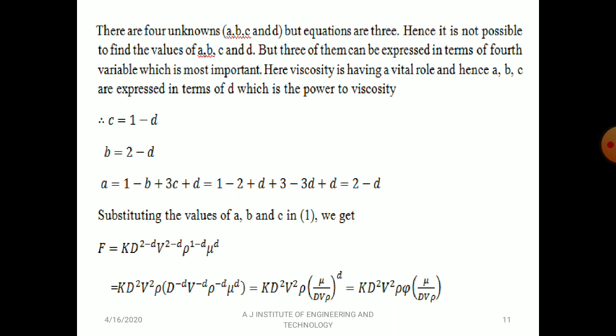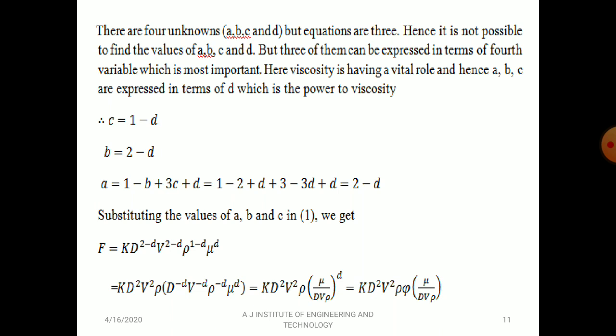So that is mu to the power D divided by D to the power D, V to the power D into rho to the power D. So we can take the power common, that is D power. So it becomes mu divided by dV rho to the power D. So that is equal to K into D square V square rho into a function of mu divided by dV rho.